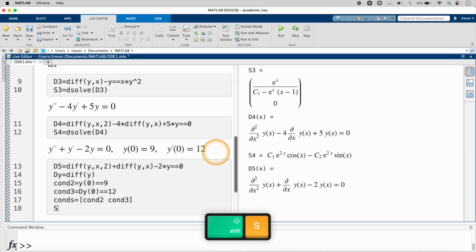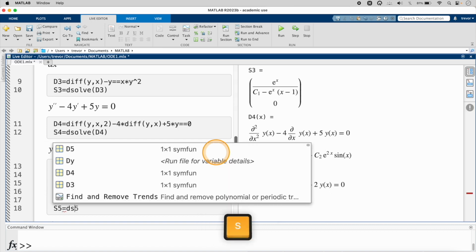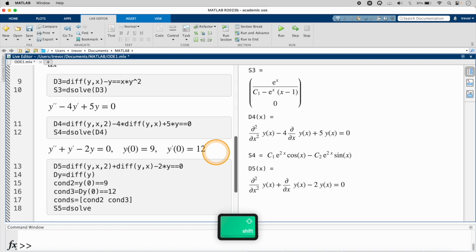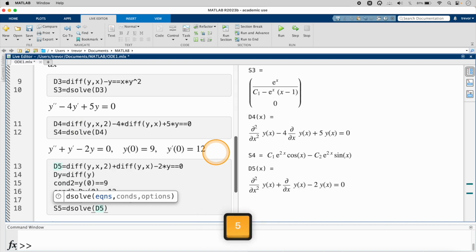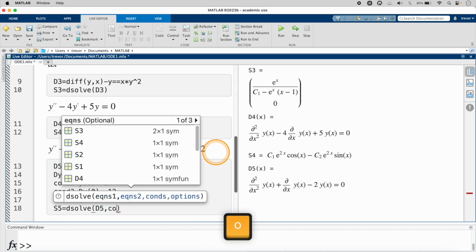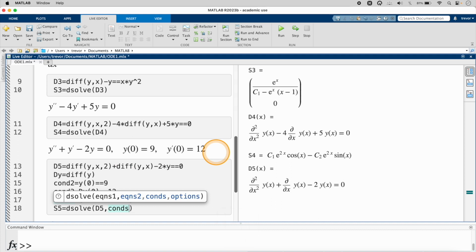So this will be my S5 is equal to dsolve, open parenthesis. We are solving d5 under the conditions that we have there.